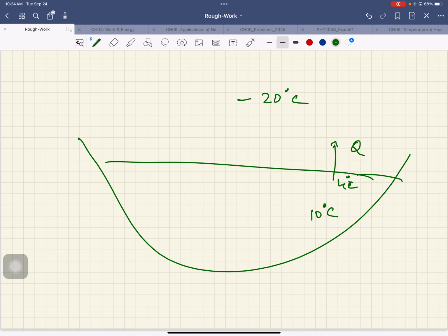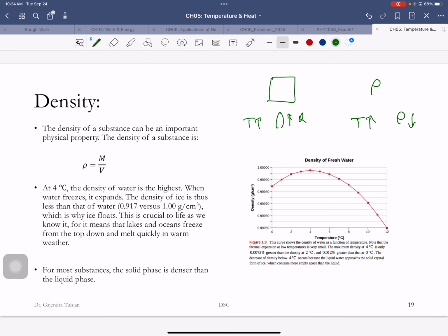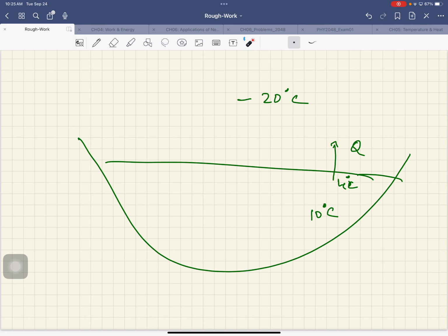All right, let's go back to our graph. At 4 degrees Celsius, the density of water is highest. Now, be patient with the story. It's a good story. Make sure you understand it. At 4 degrees, the water is densest, so this 4 degree water will go to the bottom.